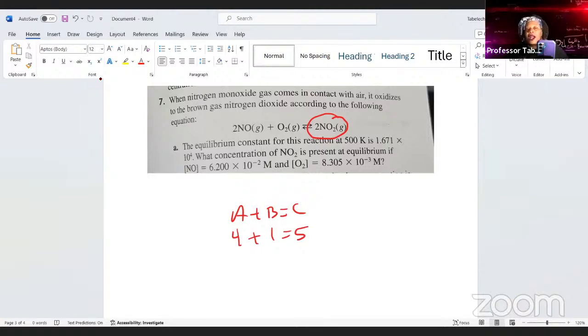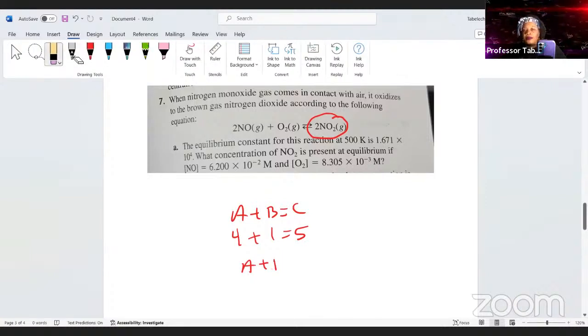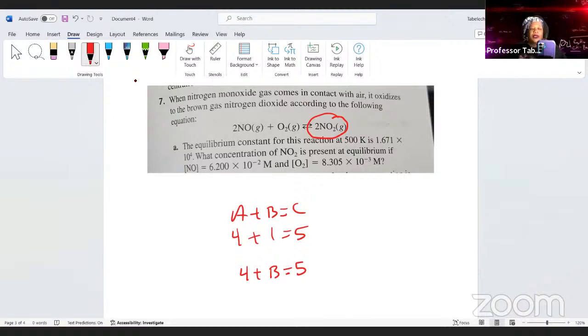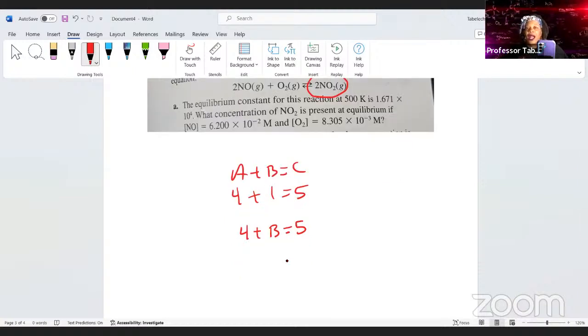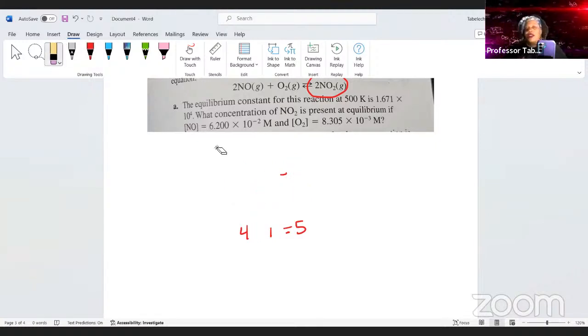Well, what if I say 4 plus B equals 5? How do you know what B is going to be equal to? Then you have to subtract from both sides, right? Yes. So that's the same thing. You're able to assess your problem based on what's given, okay?